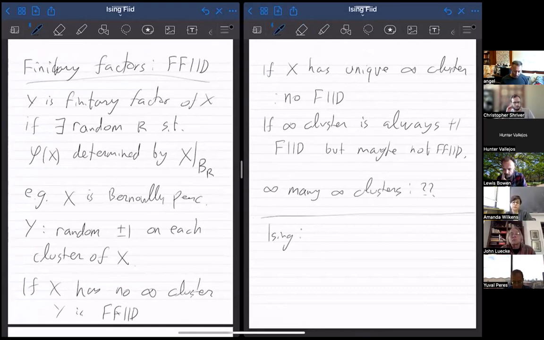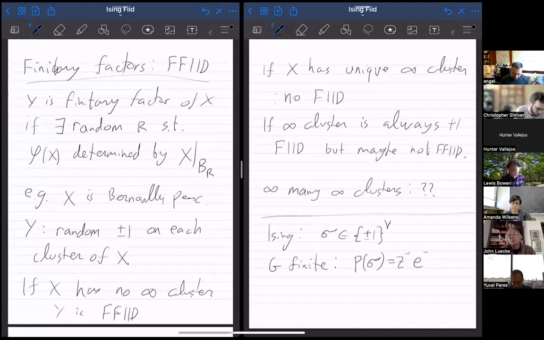If you have some configuration sigma in {±1} to the vertices of the graph, on a finite graph, so if G is finite, then you can take the probability of configuration sigma to be proportional to e to the beta times the sum of sigma_x sigma_y, where you take the sum over all adjacent pairs x adjacent to y. Beta is the inverse temperature, a parameter.